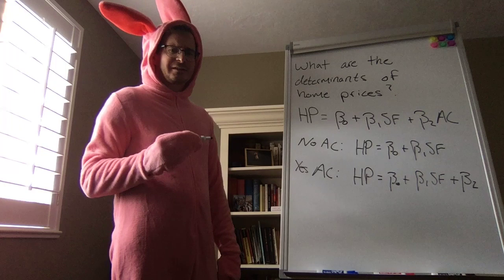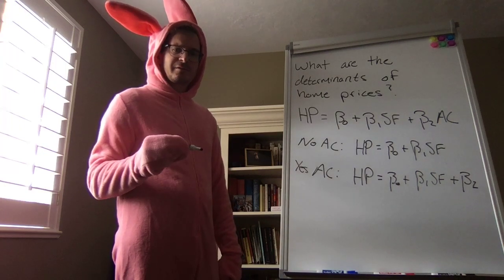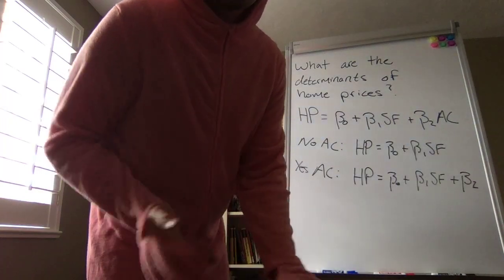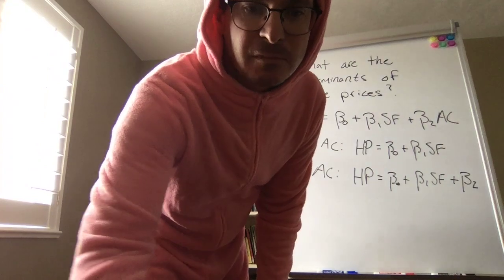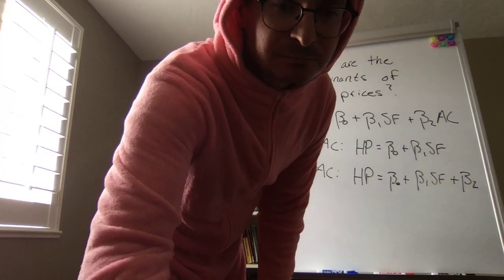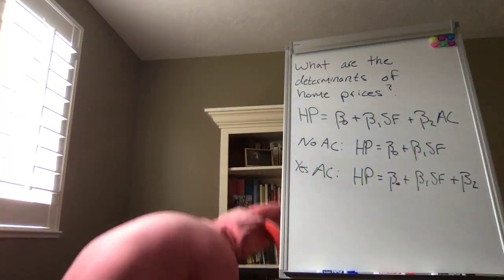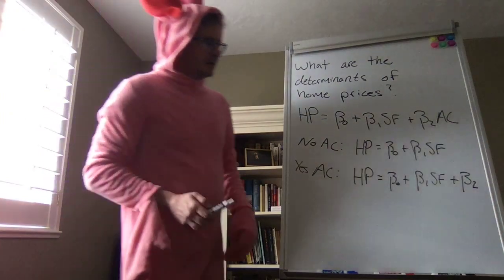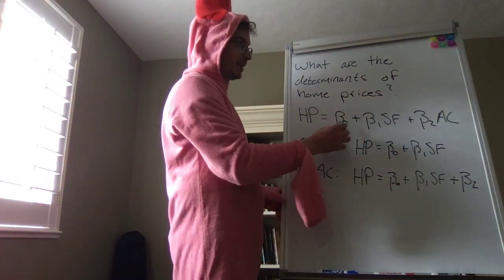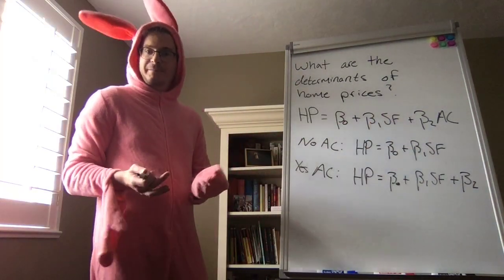And you remember back in the day, you had to do something called collecting like terms. Putting together like terms is putting together parameters like beta naught, beta 1, and beta 2 that are multiplied by the same type of variable.